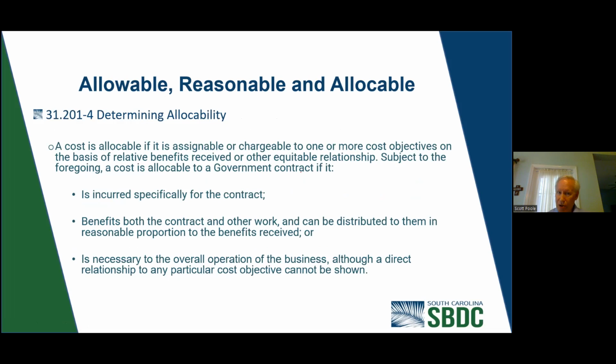The cost is allocable to a government contract if it's incurred specifically for that contract, if it benefits both the contract and other work and can be distributed in reasonable proportion to the benefits received, or it's necessary for the overall operations of the business, although a direct relationship to any particular cost objective cannot be shown.